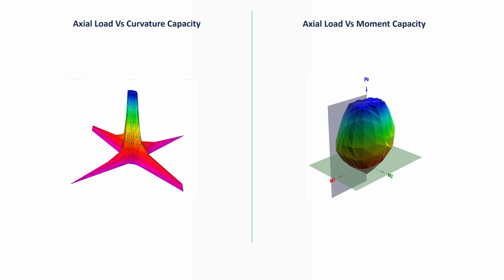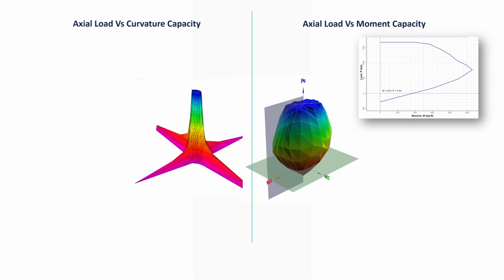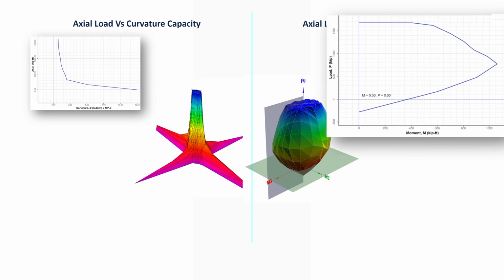So from both of them, you get very useful information. From this one, you get the PM diagram, the plot between load and moment about any direction. And from this one, you get the plot between the moment curvature and the axial load for a given direction of moment.